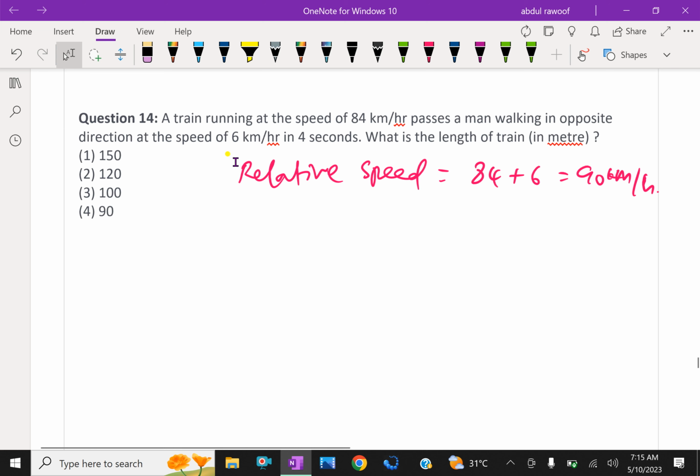Now, the relative speed is 90 km per hour.